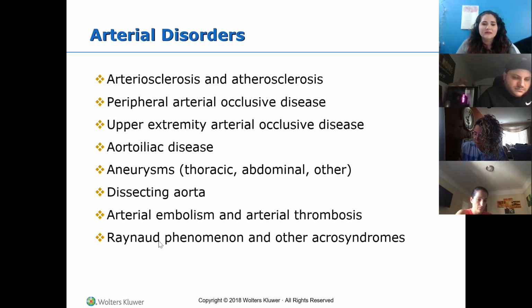It's bad. Arterial embolism and arterial thrombosis, and Raynaud's phenomenon and other acrosyndromes.